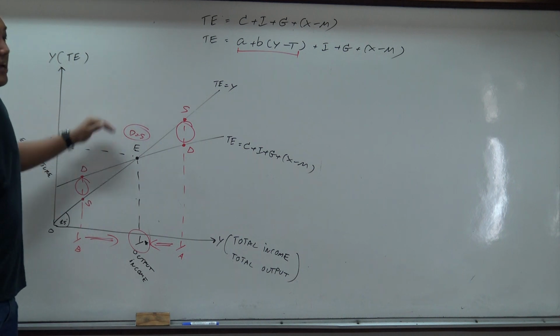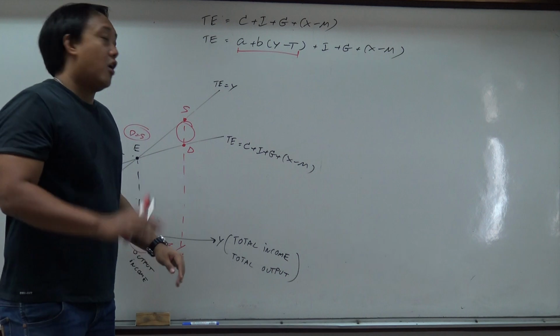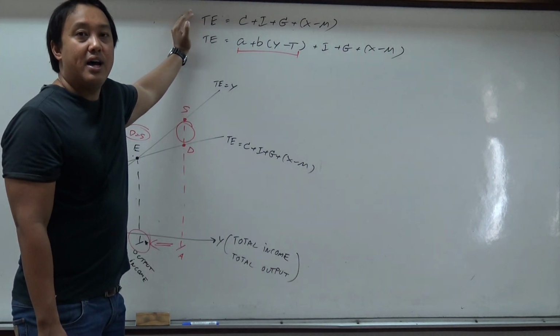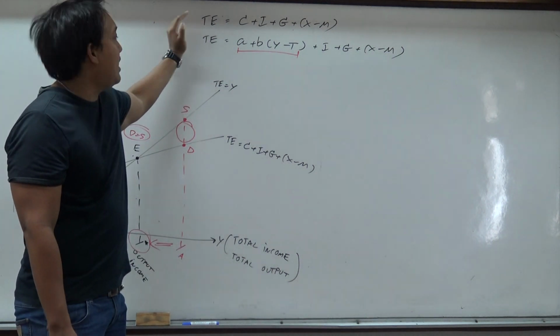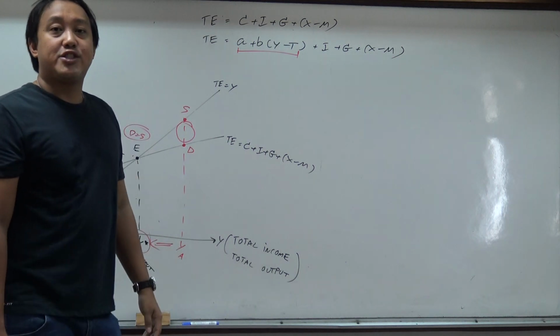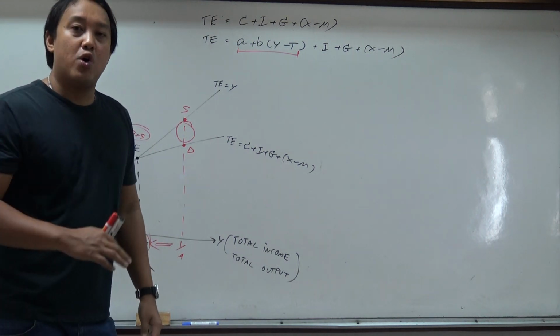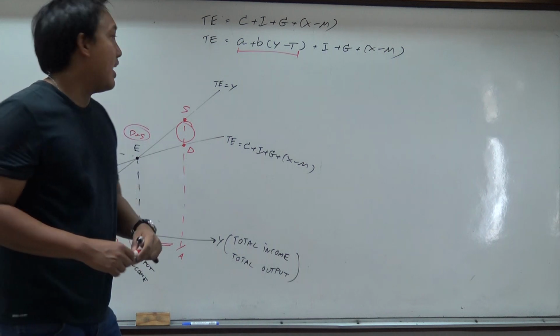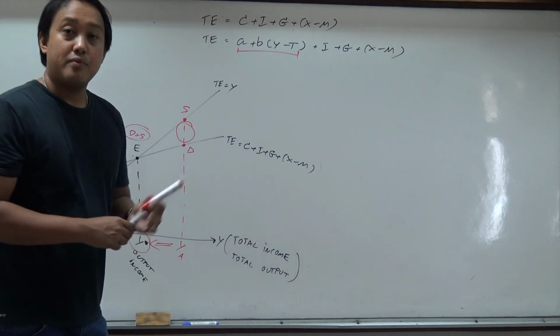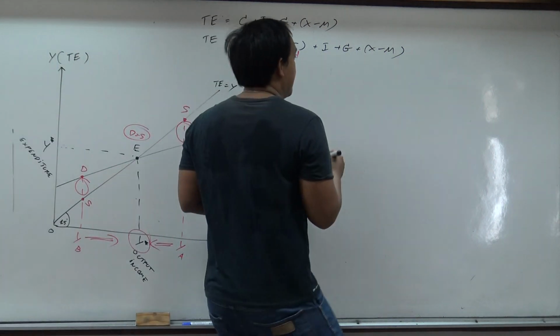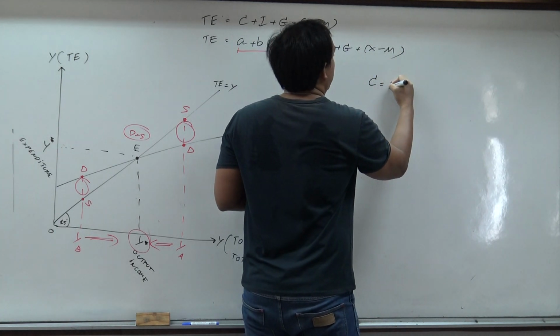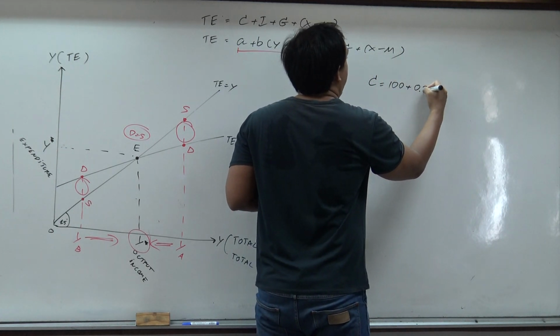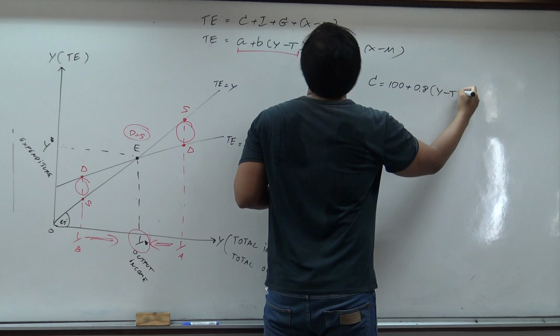So how about the math? How about the equation here? Let me assume some values. Assume consumption equals 100 plus 0.8 times (Y minus T).